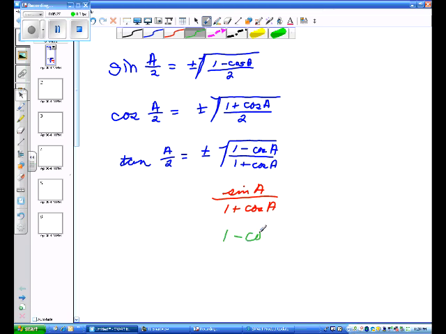So with the tangent, we're going to have a choice, and we won't have to deal with the radical. With the sine and the cosine, we're going to have to deal with the radicals there. So let's look and see how we can go about using this to find some values.